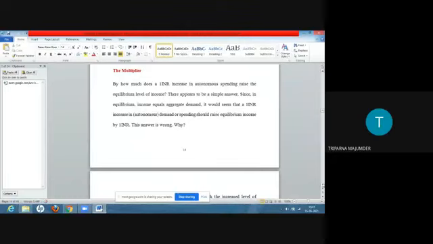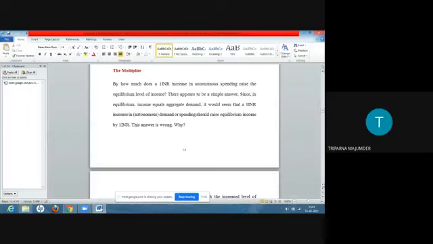Now, the question we can pose here is that if I increase autonomous spending by 1 rupee, by how much will the equilibrium income change? There appears to be a simple answer.